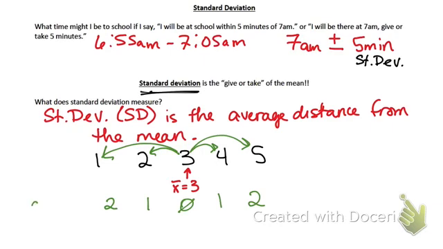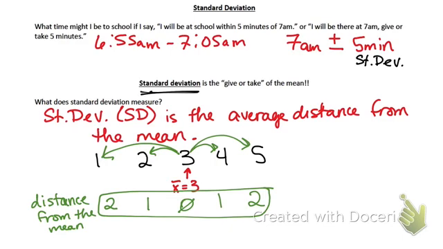We have just found the distance from the mean of each individual value. But what does standard deviation measure? The average distance from the mean. I have the individual distances, so what can I do? Average these. So let's average these 5 distances.